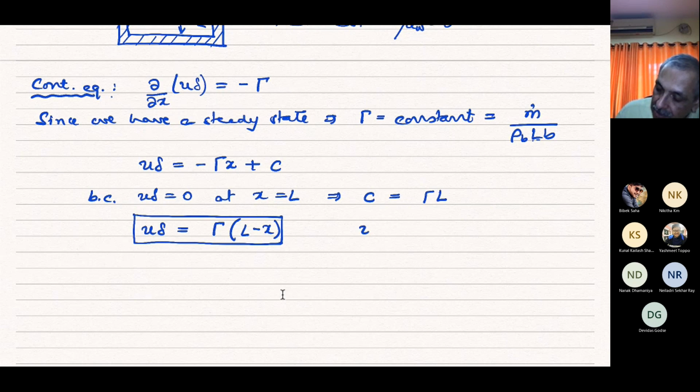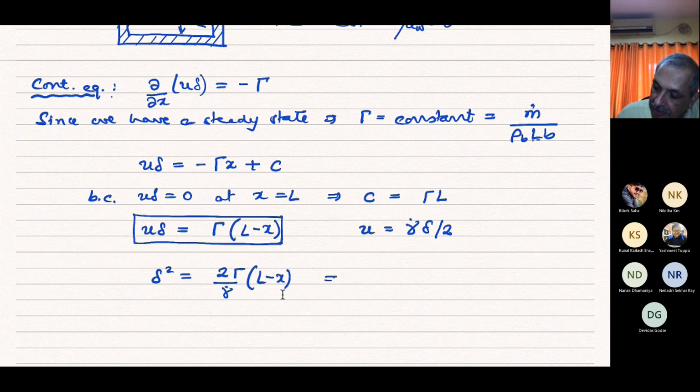Now we can use a definition of u, which is just gamma dot delta by 2. And if we put it in there, then we immediately get delta squared is equal to 2 times gamma divided by gamma dot into L minus x.